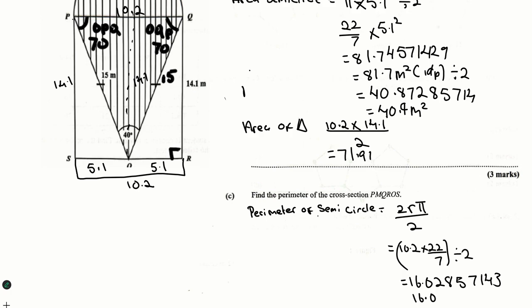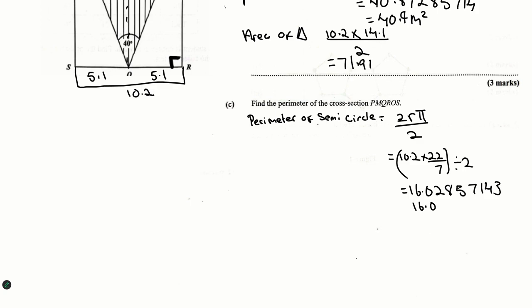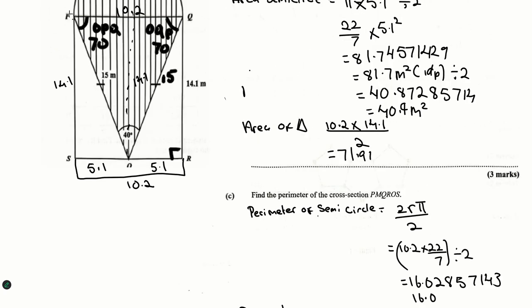So now, let's go down. My perimeter would be 16 plus 14.1 plus 14.1 plus 10.2. That's how you get 14.1: it told you it's this distance here.